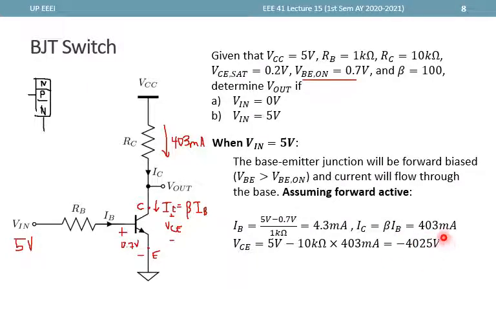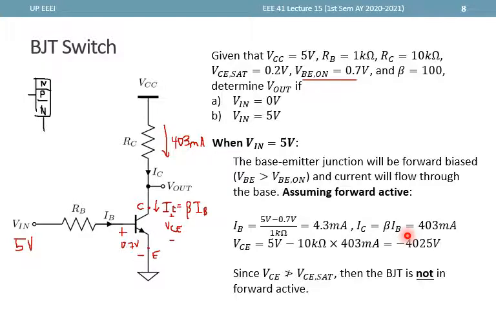Let's just accept that value for now. And we have to note that this computed VCE is not greater than VCE sat. Negative 425 is actually less than 0.2, which is positive, and therefore we have not met the condition for the forward active case. It is not in the forward active case, and we have to analyze it using our models for saturation.